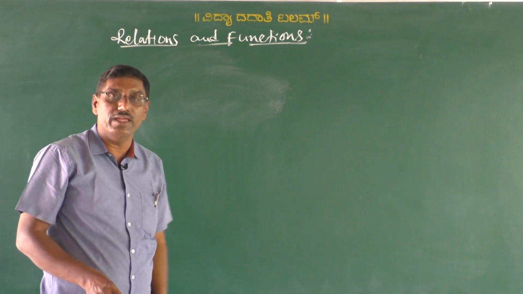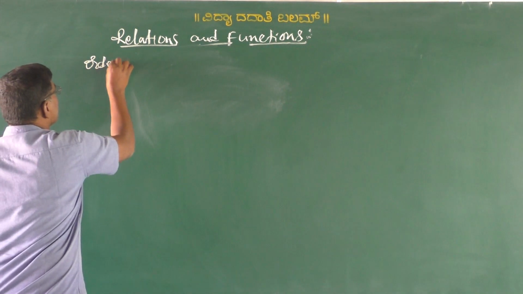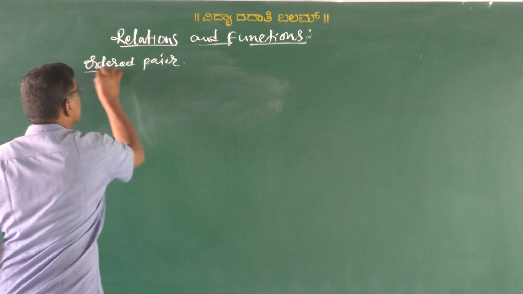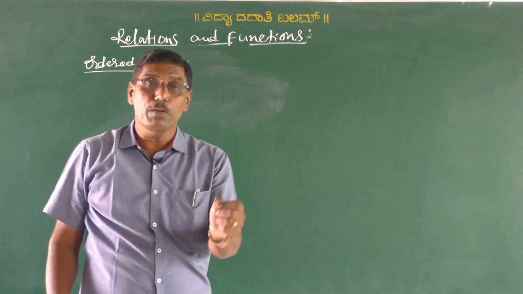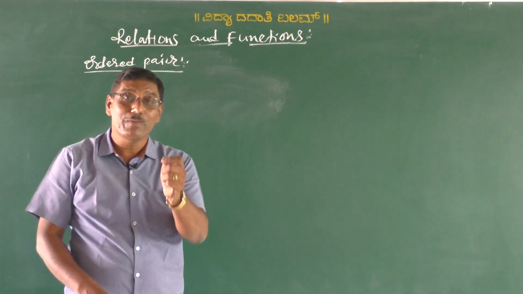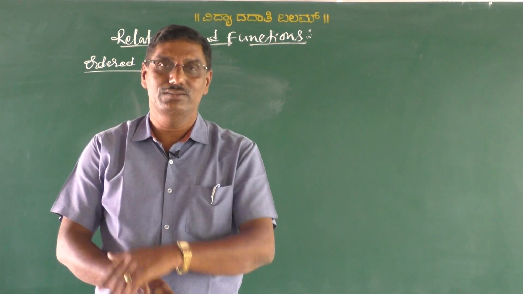The first one is ordered pair. Ordered pair means the pair of elements, yes, the pair of elements listed in specific order.